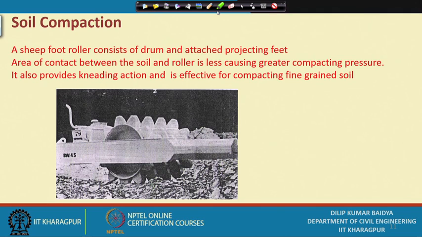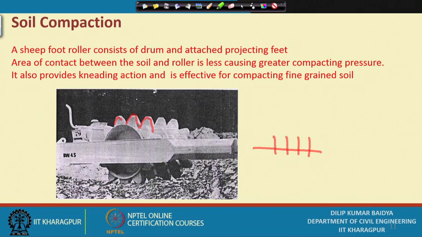To give more energy, you can see that the roller has extended parts, small hook-like projections. When this roller moves through the soil, the contact area is small. When the contact area is small, there is more pressure. That means the same weight acts on a small area, so the pressure and energy are more. So, that is one thing.